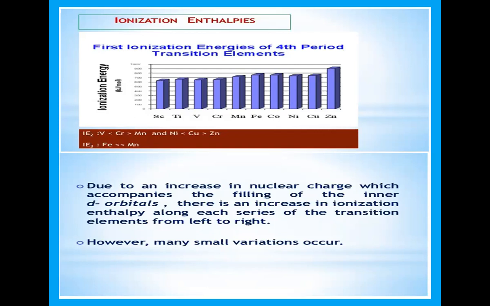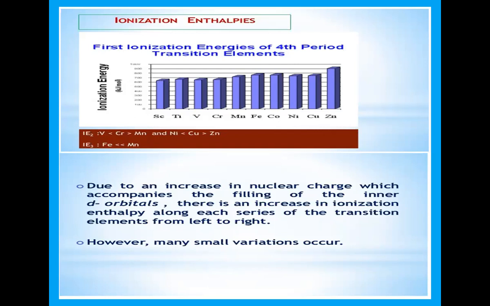However, large variations are observed because ionization energy is not decided only by atomic size. Ionization energy is decided by the following factors. Number one, atomic size. Number two, nuclear charge. Number three, screening effect. Number four, electronic configuration.